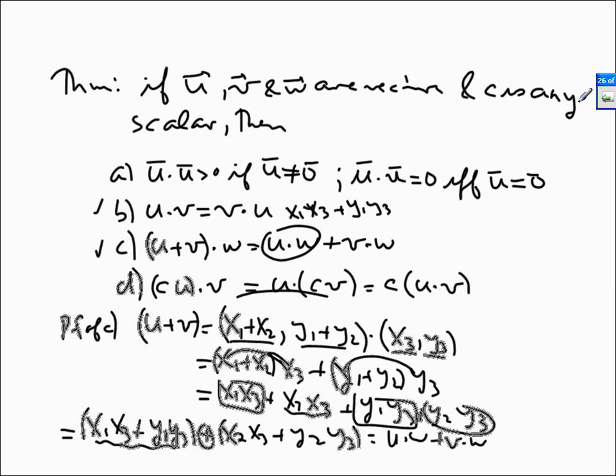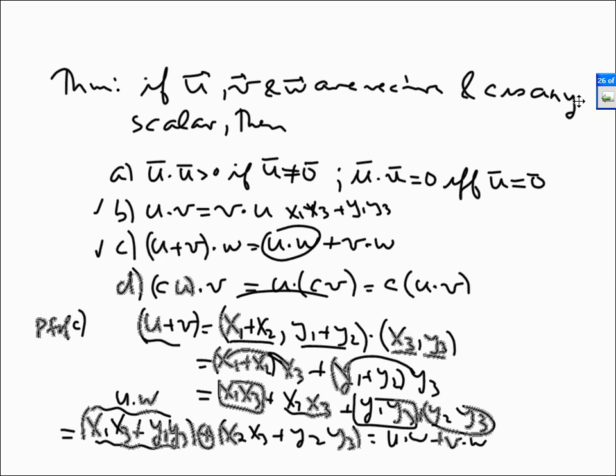Make sure you agree with that. Make sure that this really is u dot w. Okay, I do have one little mistake at the very beginning. Just got ahead of myself.